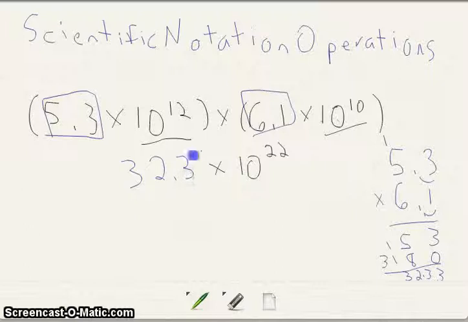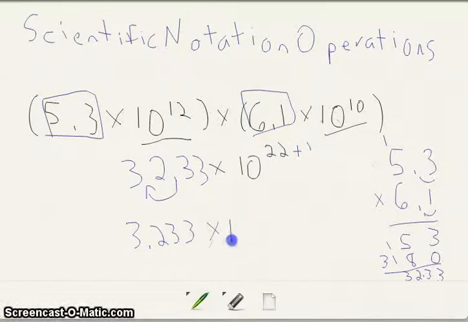Now, 32 and 33/100ths is not in scientific notation, so I need to move this decimal so I have a number between 1 and 10 to get it in scientific notation. So I'm moving it 1 to the left, so I get 3 and 233 thousandths. And because I moved that 1 to the left, I need to add 1 to this 22.